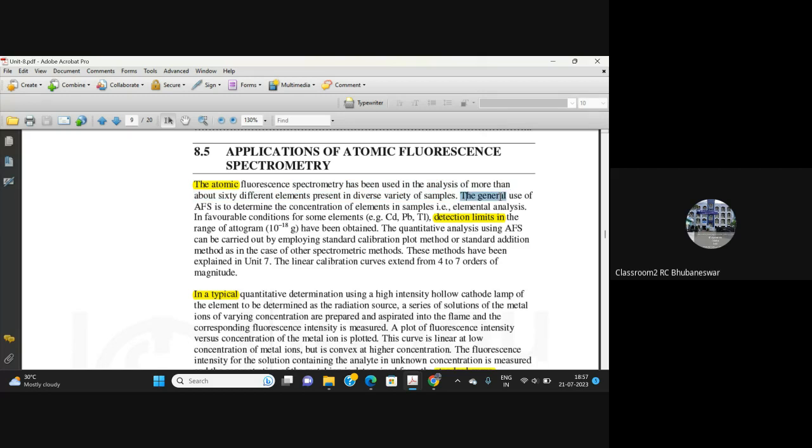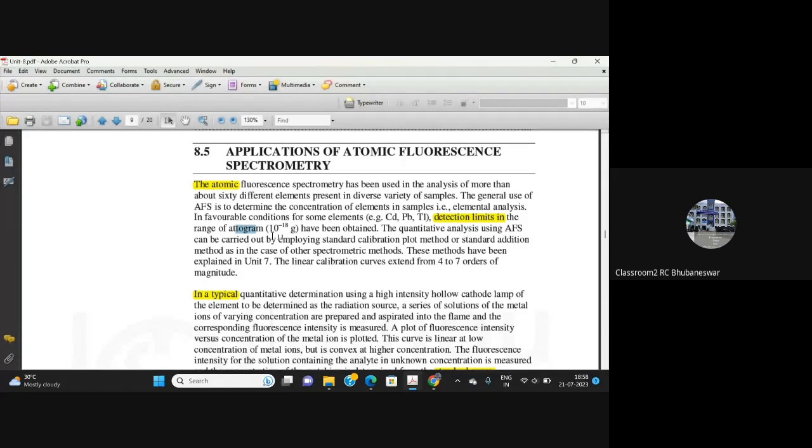The general use is to determine the concentration of elements in samples, which is elemental analysis. Under favorable conditions for some elements, the detection limit is in the range of 10 to the power minus 18 gram, in the attogram scale. I was telling you, detection limit is very, very important.